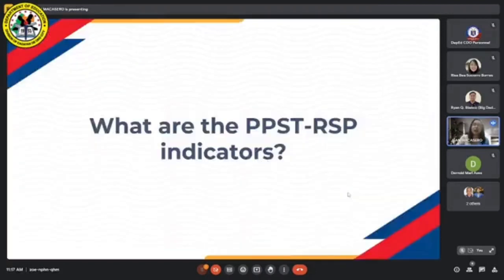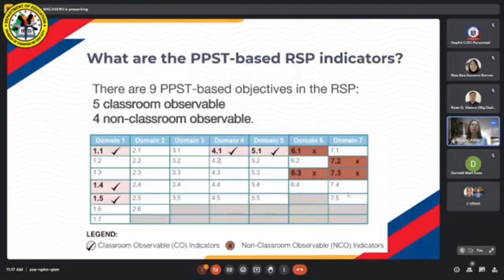Now, what are the PPST RSP indicators? There will be 9. Out of 30 plus indicators, only 9 PPST-based objectives in the RSP will be used.